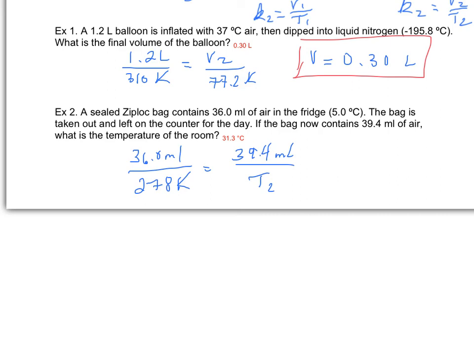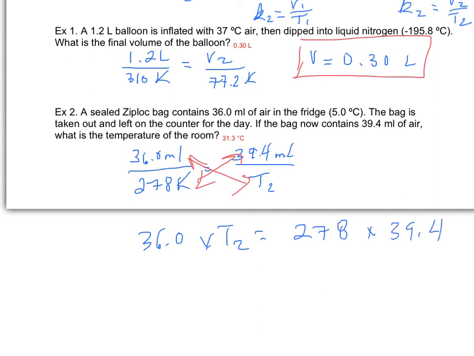The most common method that people use is cross-multiplying. I take these two and multiply, but that will equal those two multiplied together. So 36.0 times T2 equals 278 times 39.4. Then all I need to do is divide both sides by 36 to get T2 by itself.